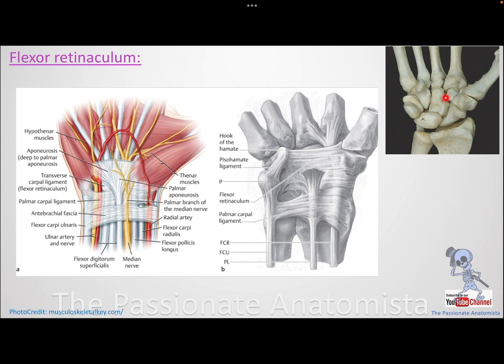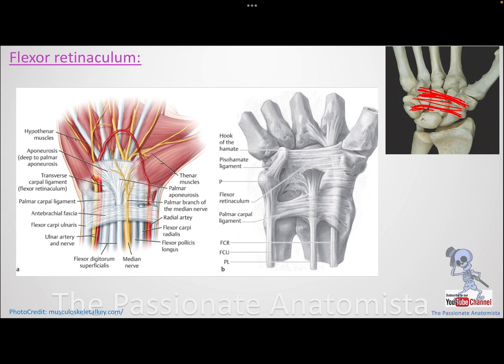So basically that way will also help us to know the attachment of flexor retinaculum, which is coming from the first bone in the proximal row to the last bone of the proximal row, and also from the first in the distal row to the last one in the distal row. So that way you will have flexor retinaculum, and then you will have your tendons passing deep to it.